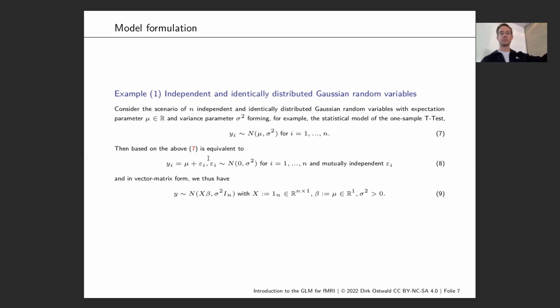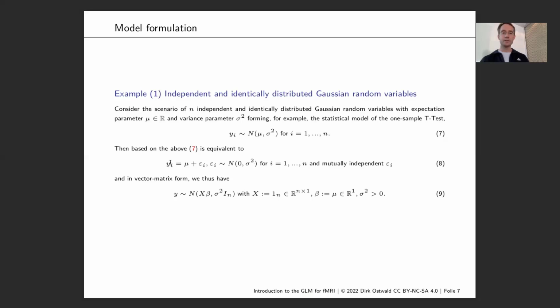Instead of going from, we assume that yi results from adding something deterministic to something random, we start with yi distributed according to a univariate Gaussian, and we now write out that this is the same as adding a fixed mu to the random variable epsilon i, where these epsilon i are all independent and centered on 0, which is not a vector here because they're univariate.